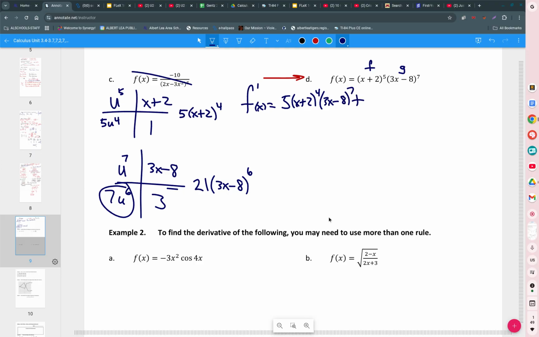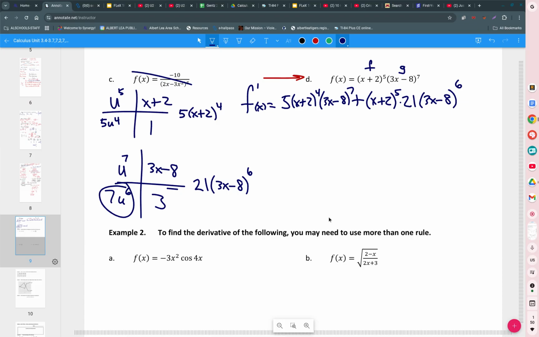Plus, this is a point where I like to just put f instead of g prime right away. So I'm going to write f, which is x plus 2 to the 5th. And then what goes next? Times that 21, 3x minus 8 to the 6th power.